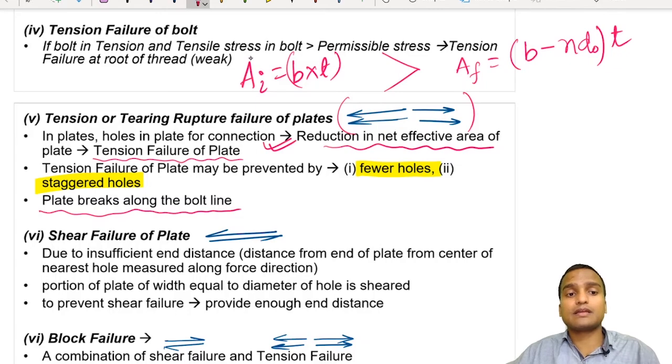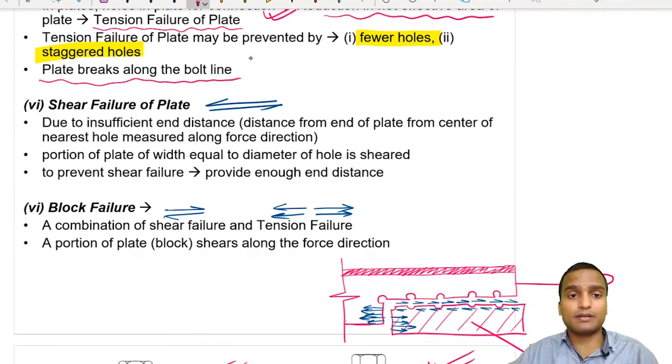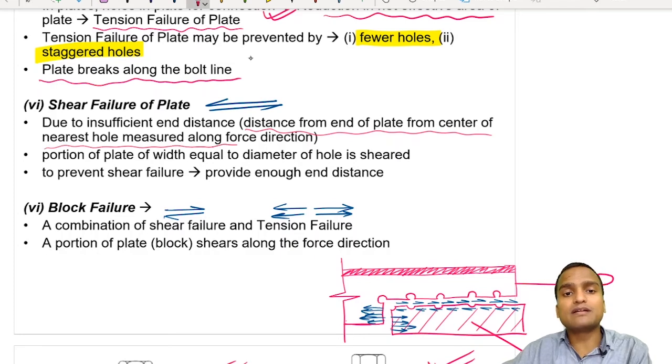Okay. Now the next type of failure of plate is the shear failure of plate, and this is due to insufficient end distance. Now what is end distance? This is the distance from the end of the plate to the center of the hole, measured along the direction of force.